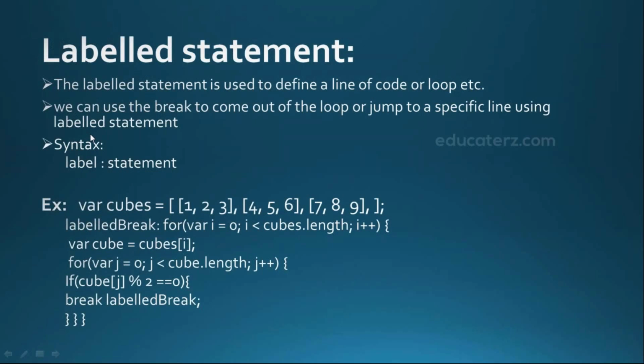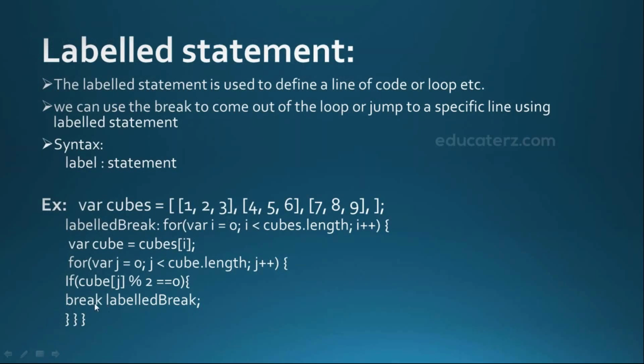So coming to label statement, the label statement is used to define a line of code or a loop, etc. We can use a break to come out of the loop or jump to a specific line using label statement. Here is the syntax: label and the statement, label name. Example, here I declared a nested array, and here I declared a label statement with a for loop.